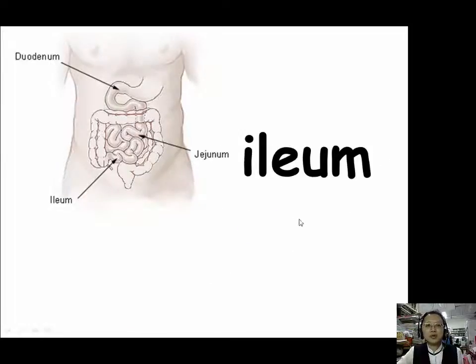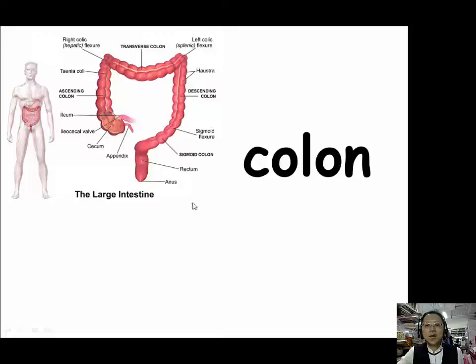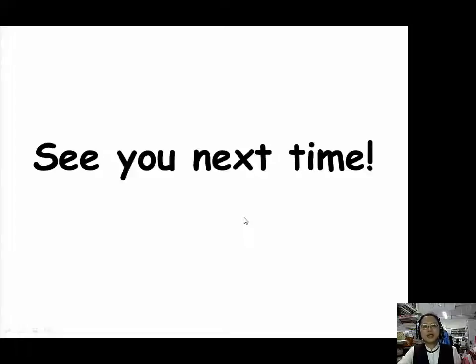And for ileum, we use one prefix, ileo, I-L-E-O. And appendix, we have appendico, A-P-P-E-N-D-I-C-O. For colon, we have colo, C-O-L-O. Now we have finished all the prefixes for the first part of Lesson 12.